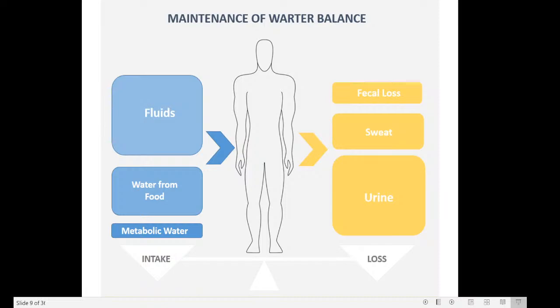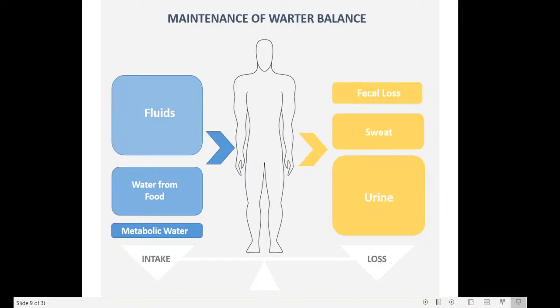Now water intake: metabolic water, food water, and fluid. Body fluid also contains water. We take food, which has water. Then during the metabolic process, water is also produced. These are all the possible sources in water metabolism. That intake, the water is removed by fecal loss, sweat, and urine, and these are the main ways.